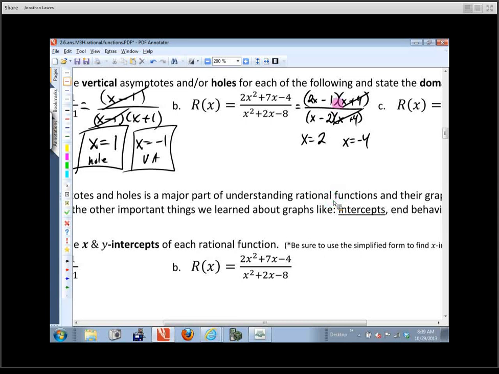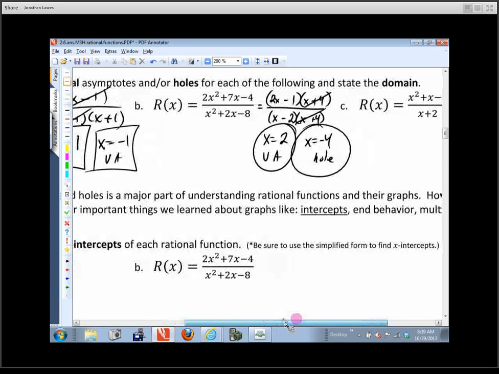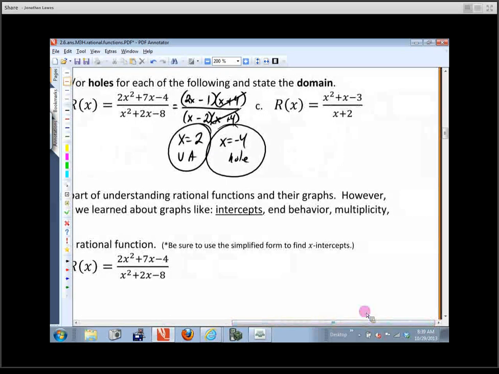So this would be the simplified version of the rational function. What does that make x equals negative 4? That makes this a hole, and that makes this a vertical asymptote. Again, if the factor that produces the 0 cancels, it's a hole. If it doesn't cancel, if it sticks around, then it's a vertical asymptote. Any questions?